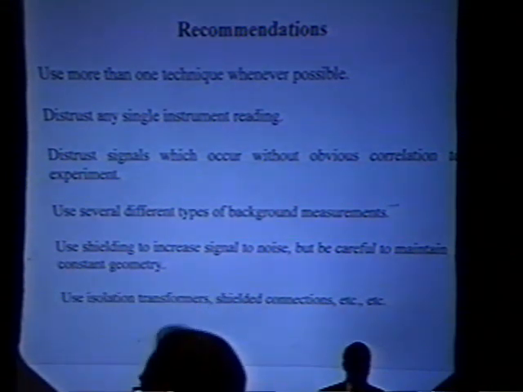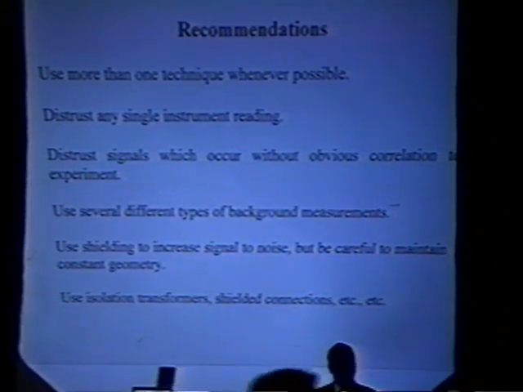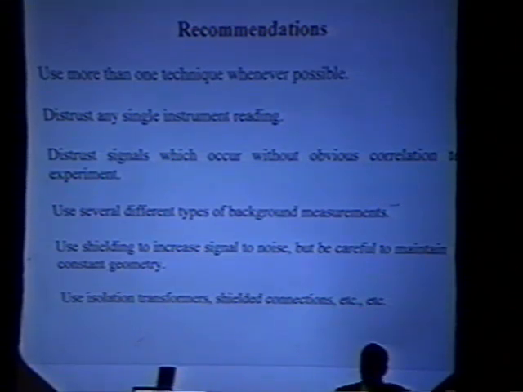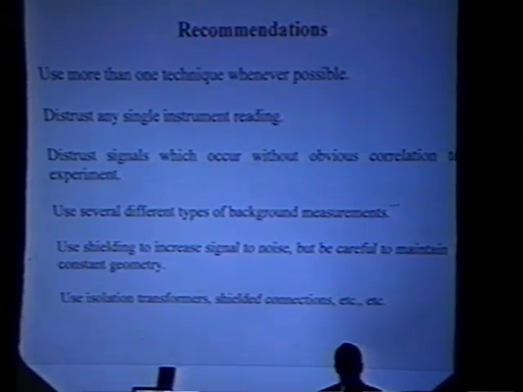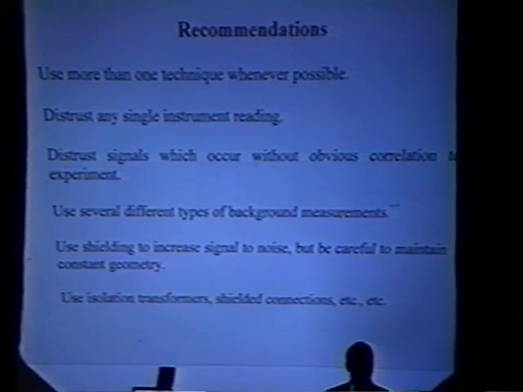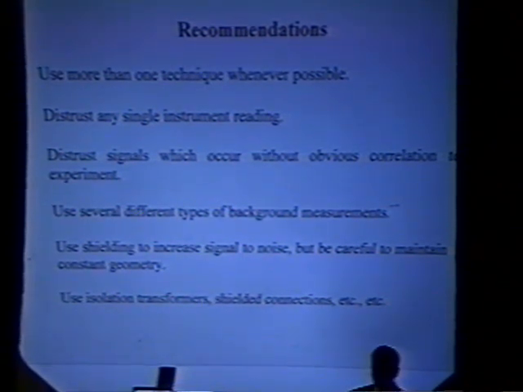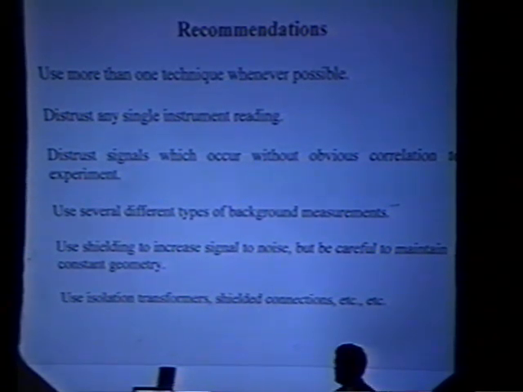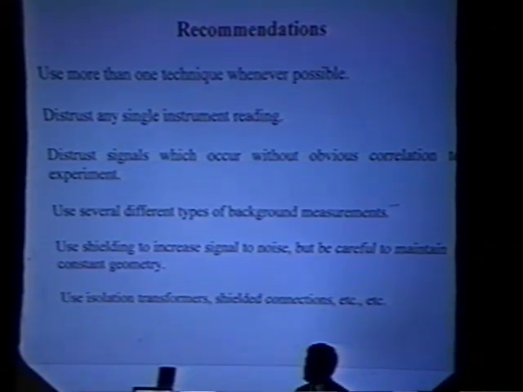But it's also good to corroborate that with, for example, CR39 detectors or even X-ray film or other kinds of detectors that you can think of. If you're looking at charged particles or neutrons, you might see if you can see activation due to gamma activation. Just try to see the same thing many different ways. It's better to see one thing 5 different ways than 5 things one way.